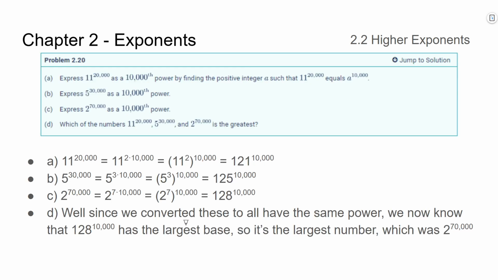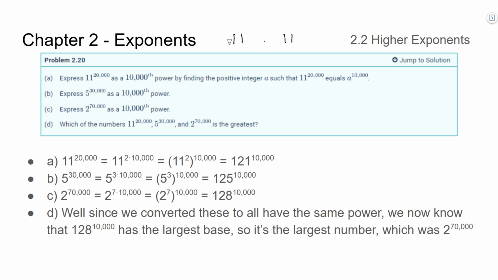All right, so we're going to go backwards this time. We have 11 to the 20,000th, but we're going to go to the 10,000s. So we know that if we multiply with the same base, 11 to the something times 11 to the something, we can add together those exponents.